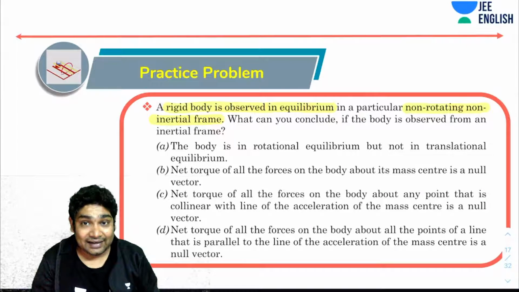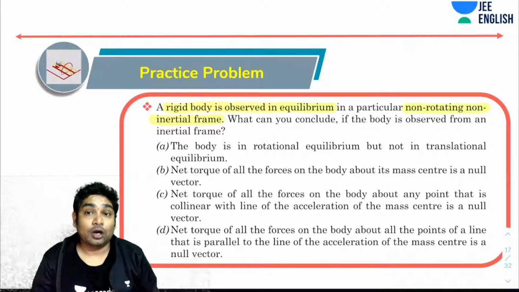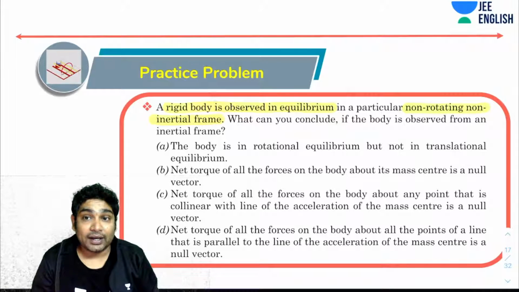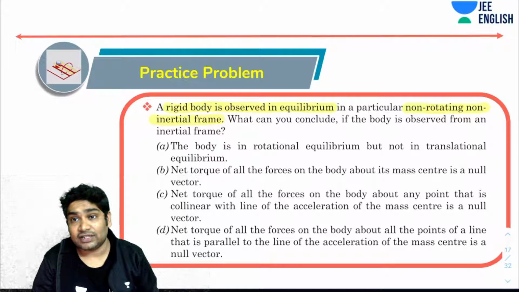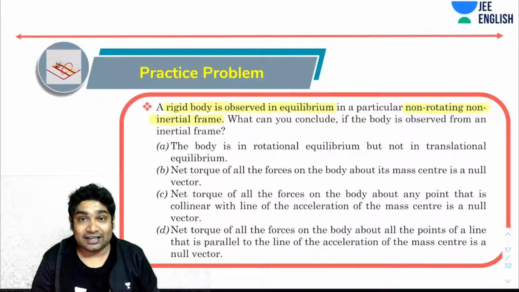And you have option D, the net torque of all the forces on the body about all points of the line that is parallel to the line of acceleration of the center of mass is a null vector. So go through the options and think about this a bit. This is a theoretical question, but you should know about this.